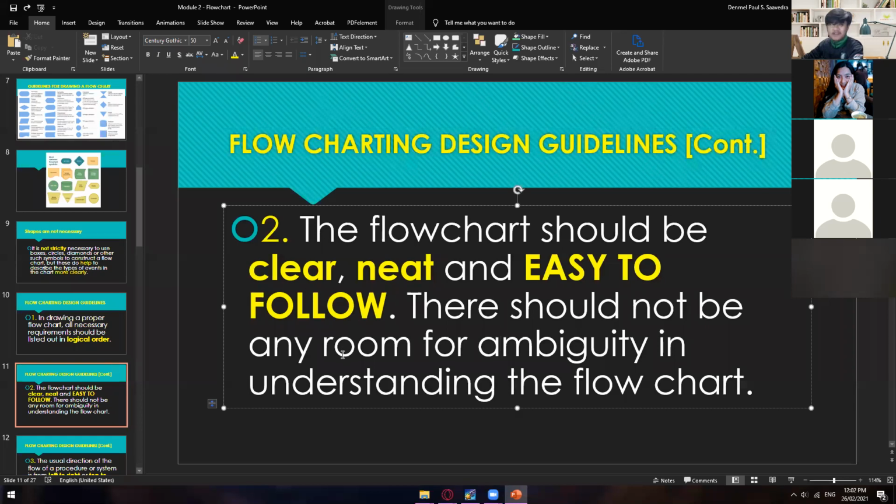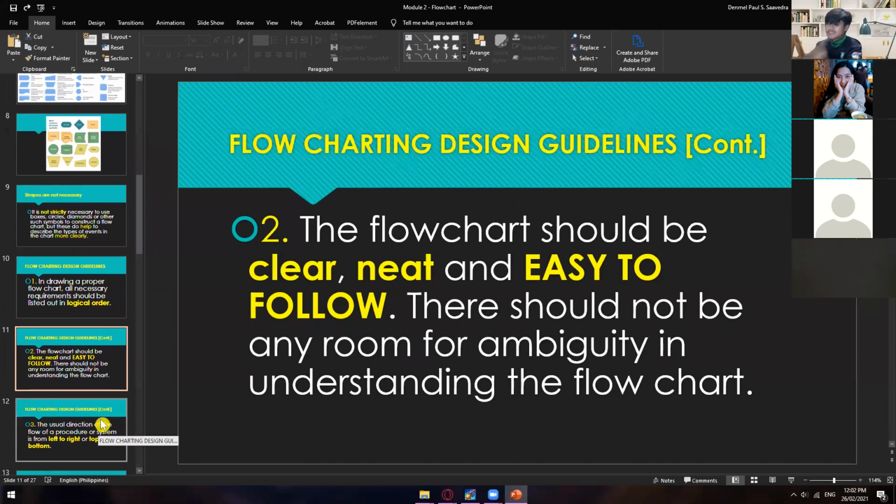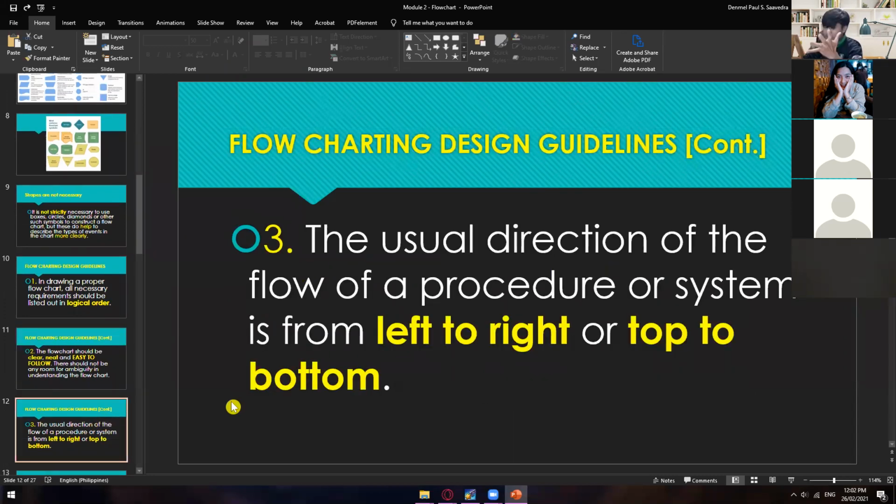So in a block diagram, you can have, let's say, 50%, some people will understand it, and 50% some people will not understand it. But for the flowchart, 100%, everybody should be able to understand or follow your flowchart without focusing too much on the specifications, by following the arrows.